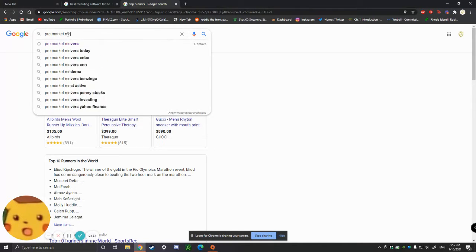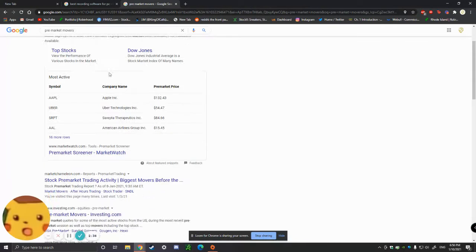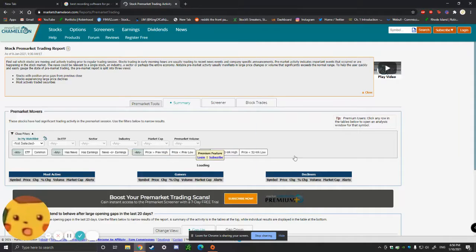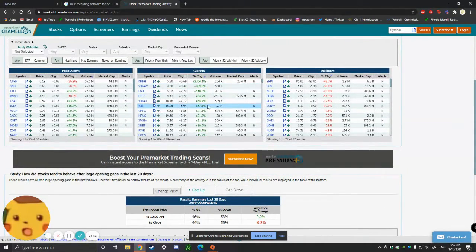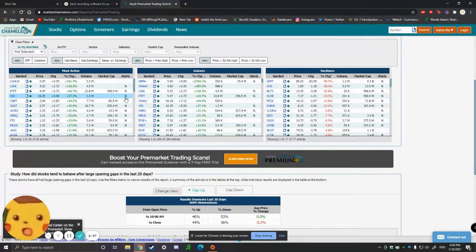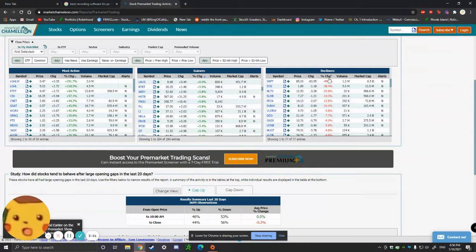Market movers, and you come right here to Market Chameleon. Click on it, and you can look at the biggest movers like KMPH. This ran massively. It looks like 2,000%. I don't know if that's real or not. It might have gone through a reverse split or something, but if it did run, that is insane. But you can look at LGHL, FinTech, all these companies. You can just see how they're moving pre-market. So this is definitely a good one.